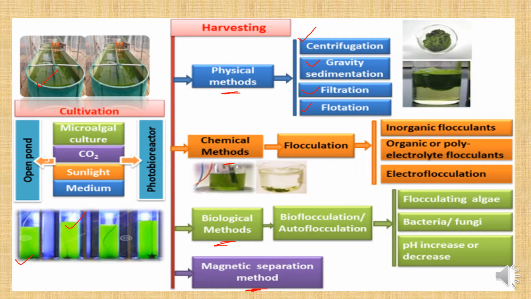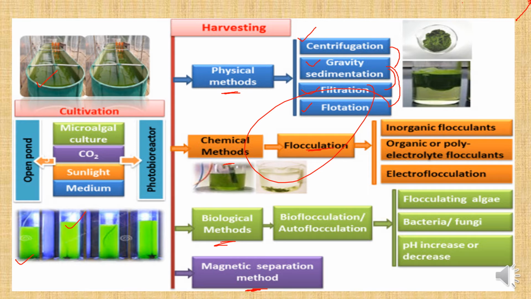In the physical methods, no single method is very much used singly. Most of the time, centrifugation is used along with gravity sedimentation, or sedimentation and filtration are used together, or sedimentation is used together with flotation. So a combination of techniques is used.